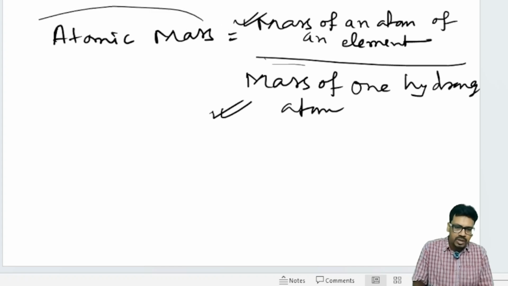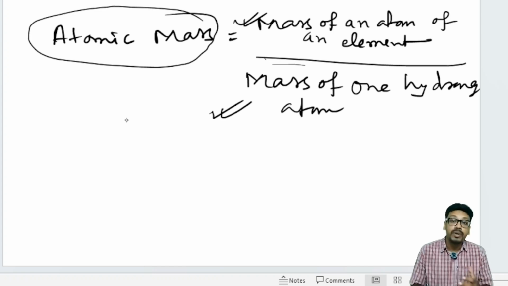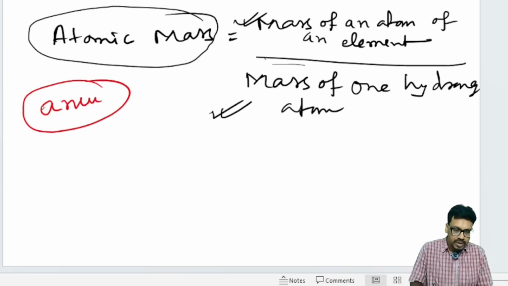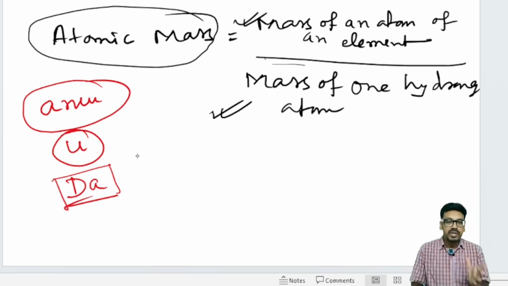So the atomic mass, that means the atomic weight, is unitless. But nowadays there is a unit of atomic mass. What are the units? Units are AMU, U or Dalton. There are three units, but the units are the same.